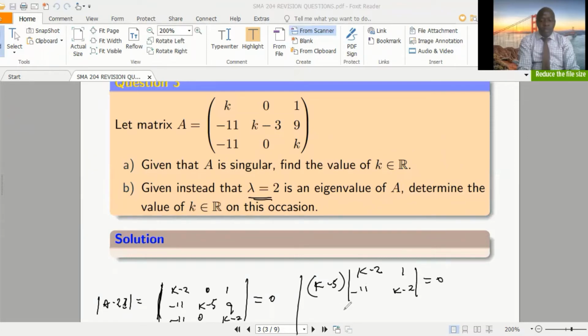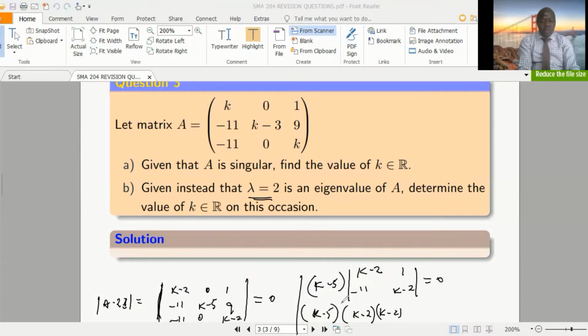So when you simplify this, you find K minus 5 multiplied by this determinant. It is K minus 2 multiplied by K minus 2.